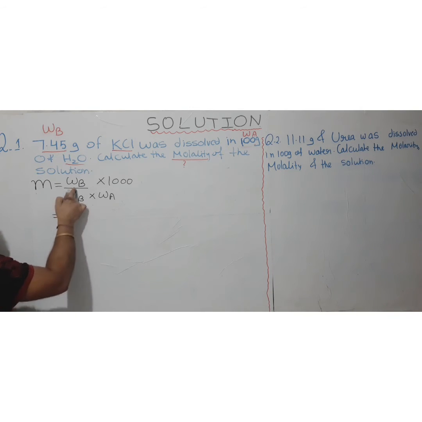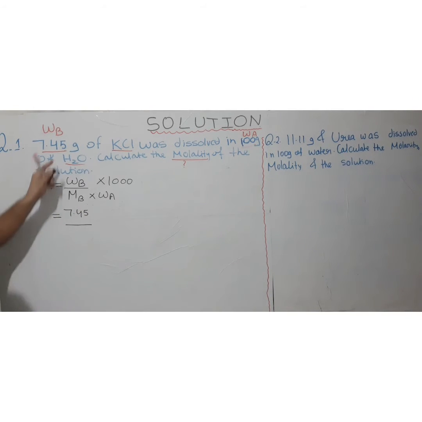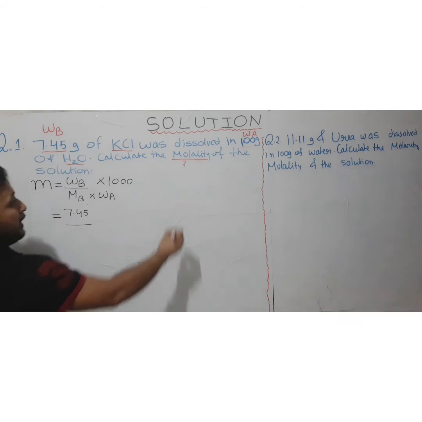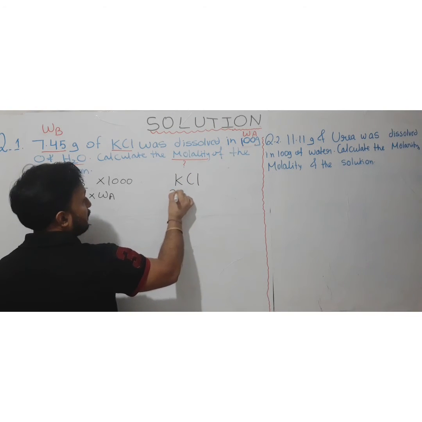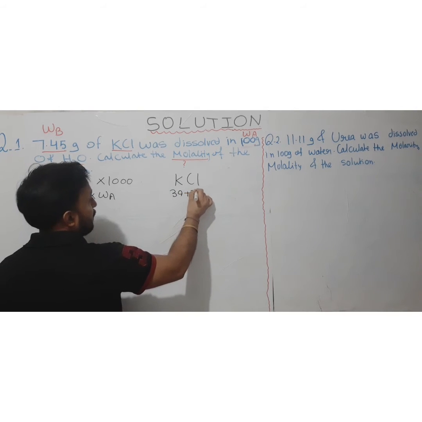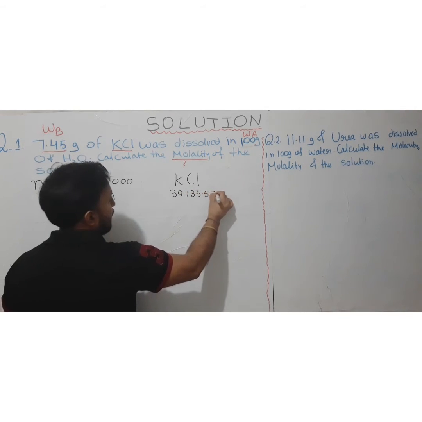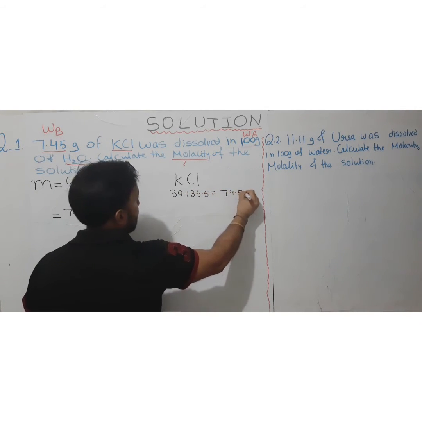Now the weight of the solute is given, that is 7.45. Then the molar mass of the solute you have to find from its formula, like I am finding it separately here. For KCl, potassium is 39 and chlorine is 35.5, so that makes it 74.5 gram.